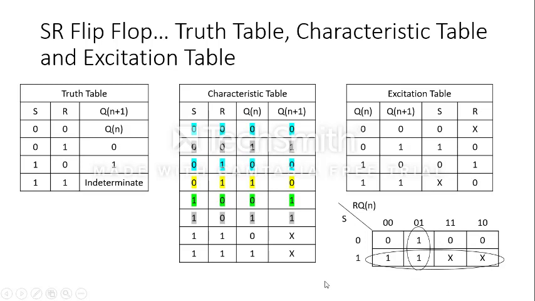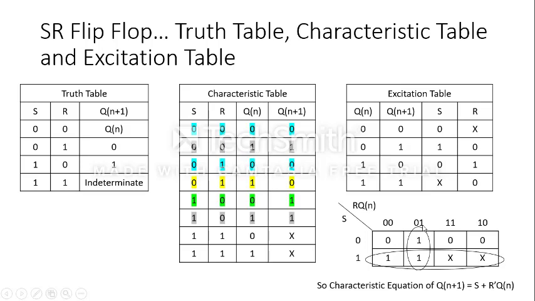So if you prepare the characteristic equation, you will get Qn plus 1 equals S, because all these 4 have S as 1, plus R dash Qn. I think no confusion, right?